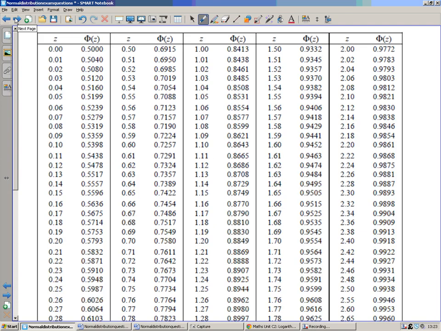Again, you don't have to interpolate, thankfully. You can just go for the nearest one. You don't have to say it's going to be in between 0.7157 and 0.719 and adjust in proportion. Go for the closest one. It's easier and quicker and it's accepted. So 0.7157.